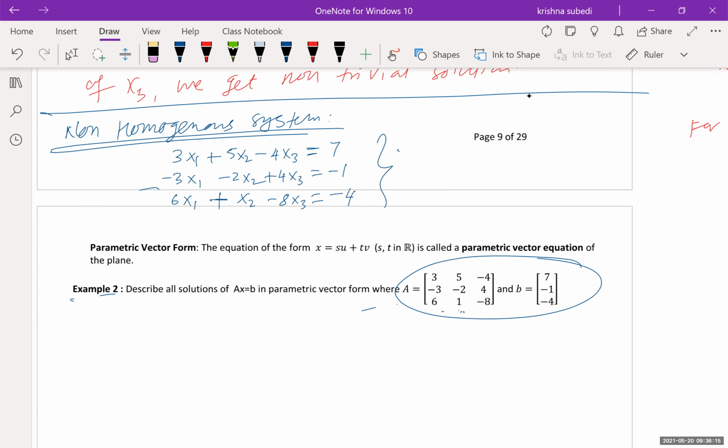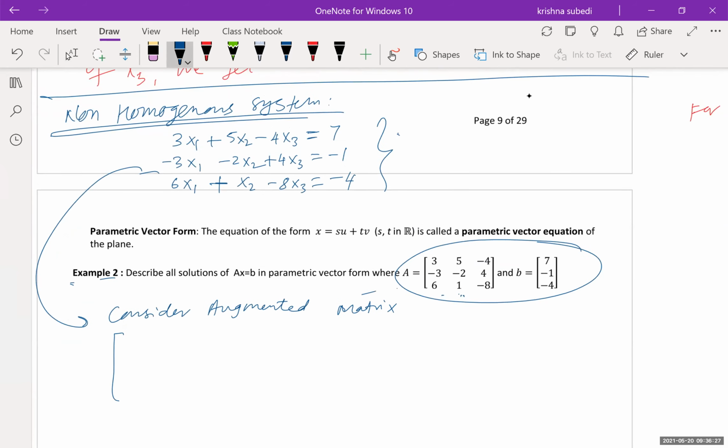Now consider the augmented matrix, which is 3, -3, 3, 5, -4, 7, -3, -2, 4, -1, 6, 1, -8, and -4.